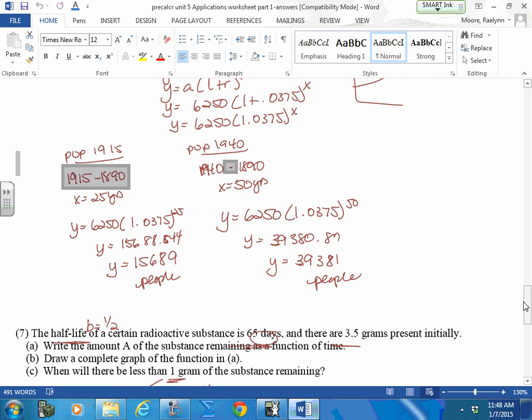Years away from 1890. So 25 years was from 1890 to 1915. 50 years was from 1890 to 1940. That's what goes in here. Was that a little bit confusing? You can't put the 1915 in there.